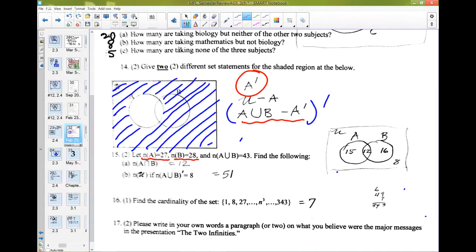And the next one is also really easy. Can't you just start with the universal set and take A away? Anytime you have a complement, can't you always say universal set, take that away? So there's a little pattern there. If I ever did ask you for 2 different ways to do a complement again, you've got 2 automatic ones there.